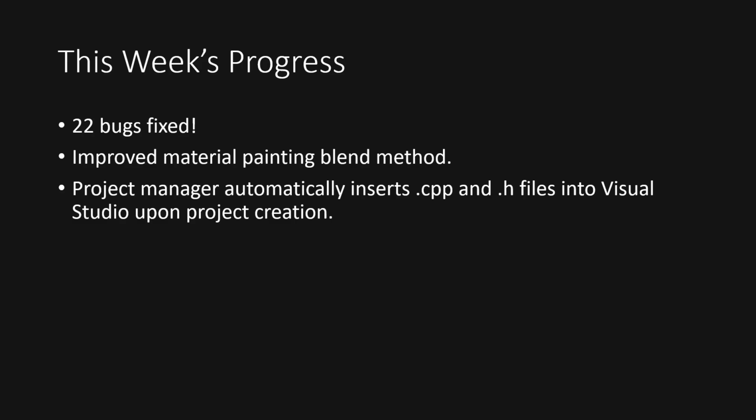So when you make a new C++ project, now you have the option to have just the main CPP and that's it in the resource files, or it will include whatever C++ files are in the template directory.